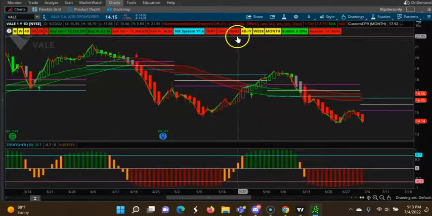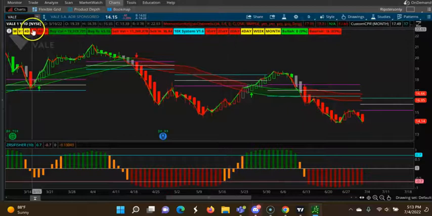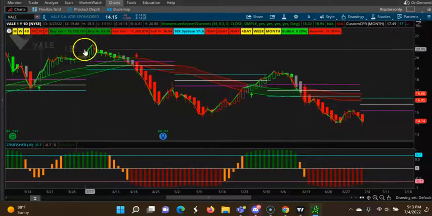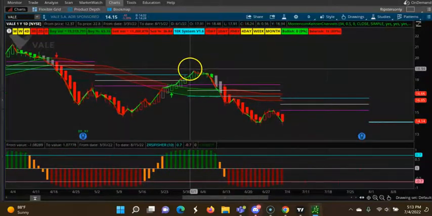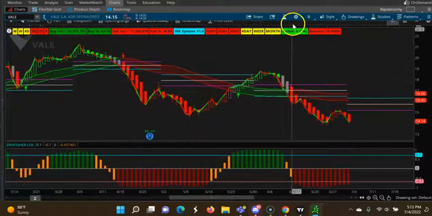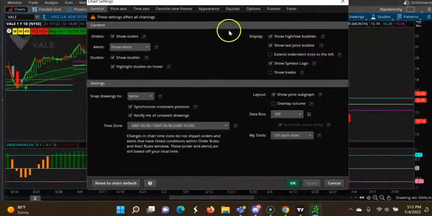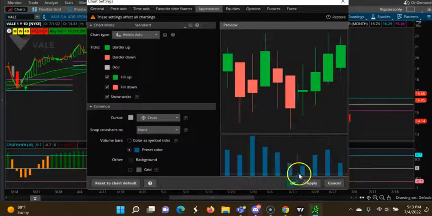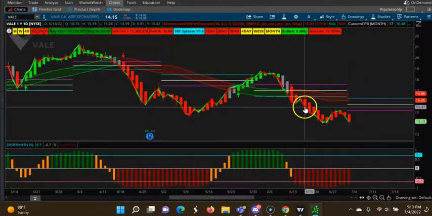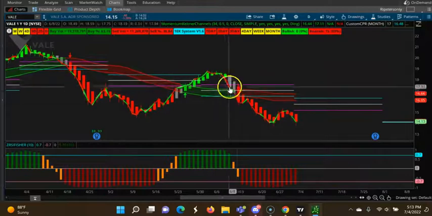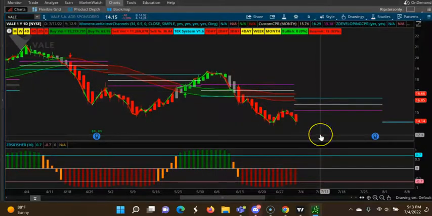TTM squeeze, I think, some are positive, some are negative. Here also, okay. So this is also clearly a downtrending stock where you can take the trade to the downside. Let's see why. So you can see the trend is down. So if you get a down signal here, you can just take the trade to the downside.